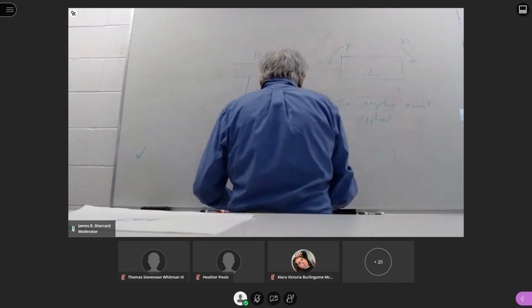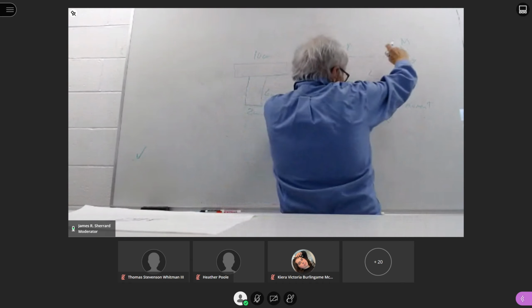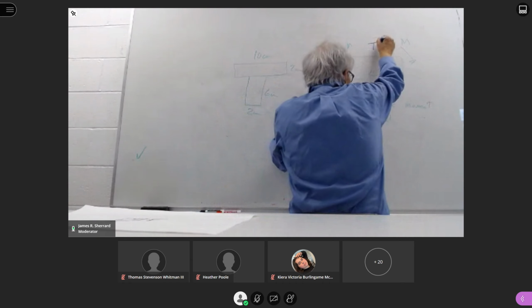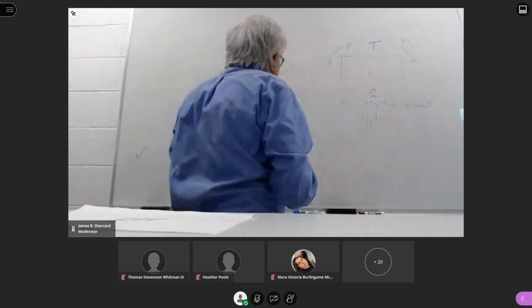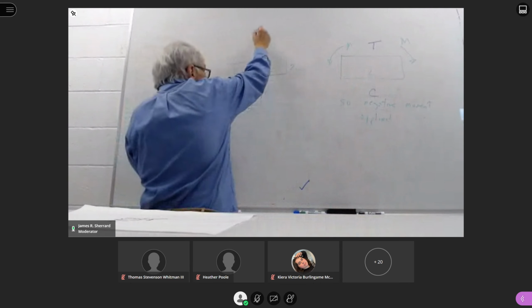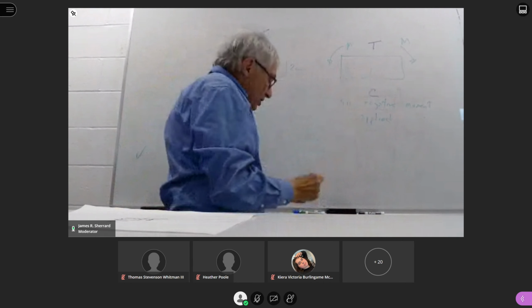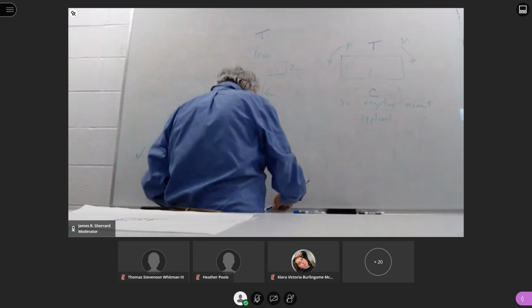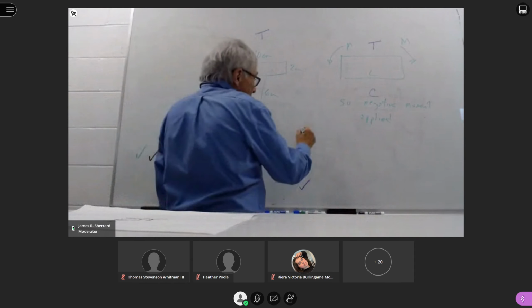So when we do that and we look at it, we can hopefully see that the top is elongating, so this is in tension, the bottom is in compression. We don't know where the neutral axis is. If we come over here, we know the top is going to be in tension, the bottom is going to be in compression by that same logic. But we need to find the neutral axis.